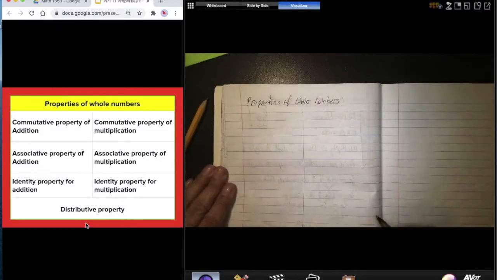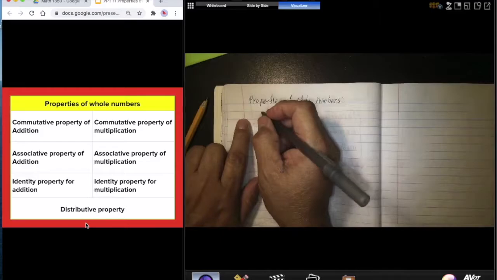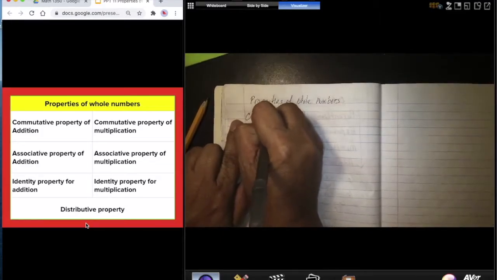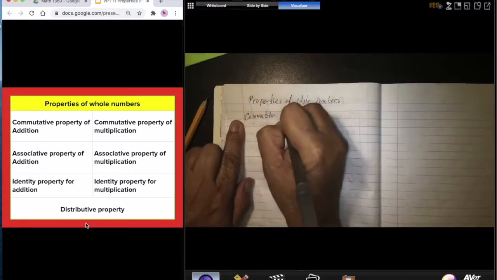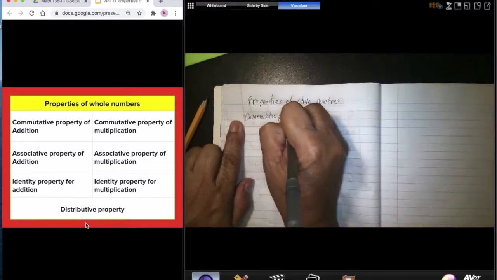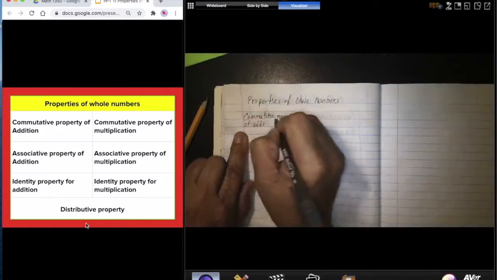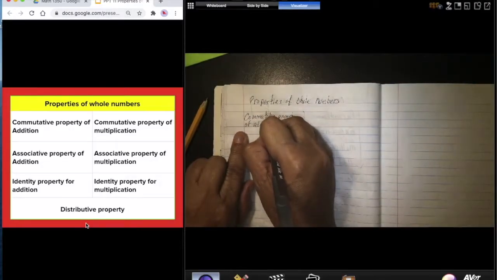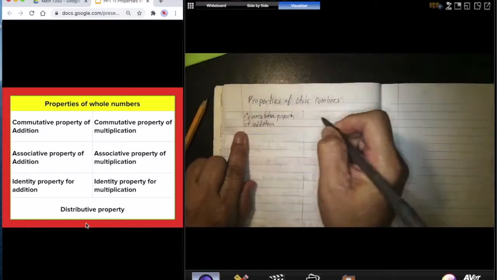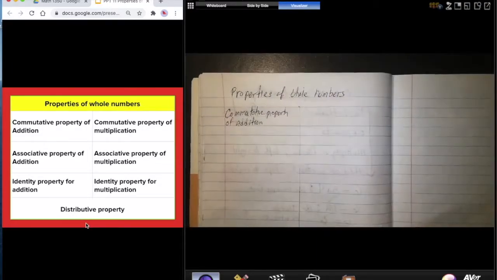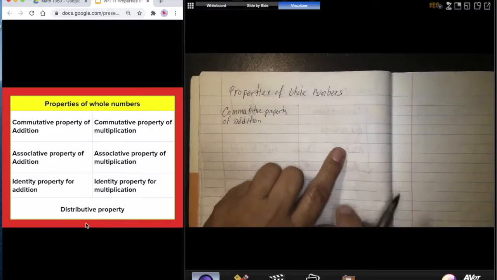Okay. Let's start on the top with the commutative property of addition. And on the right with the commutative property of multiplication.